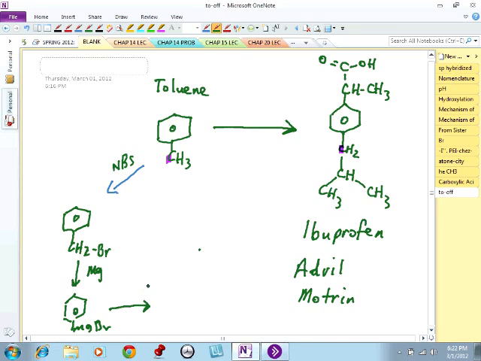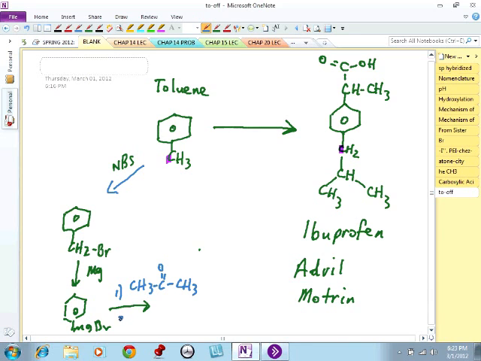Isopropyl, propanol, very good. Propanol, exactly, acetone, great. Okay, so now you want to do a Grignard with a ketone, right? Okay, so you guys are thinking just right. Step one. See, people get paid millions of dollars to do this.